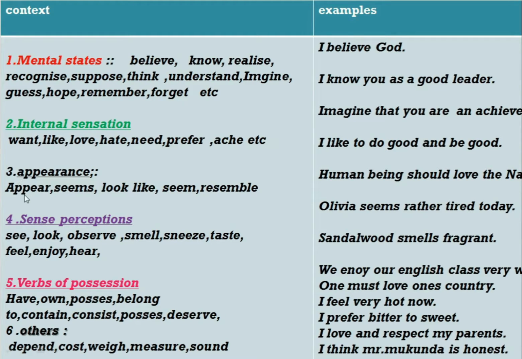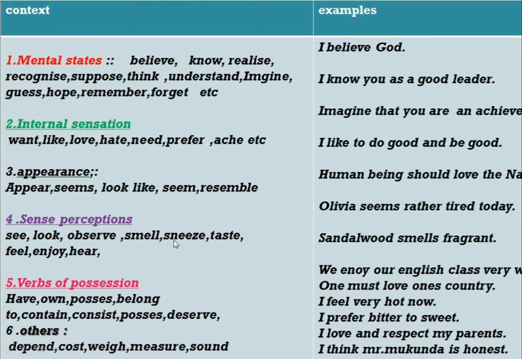Similarly, the words of appearance: appear, seem, look like, resemble. All these words can also be used in simple present. So you see, Olivia seems rather tired today. Sandalwood smells fragrant. These are the words of appearance. Similarly, there are some words which come from the sense of perception: see, look, observe, smell, taste, feel, enjoy, and hear.